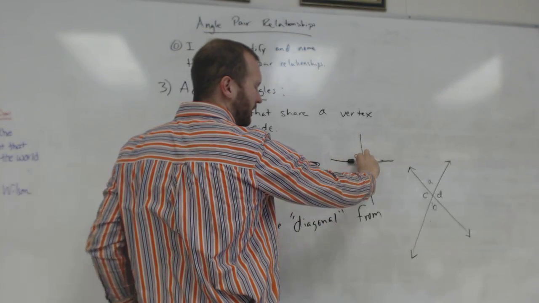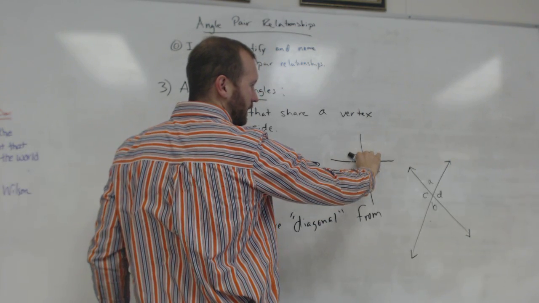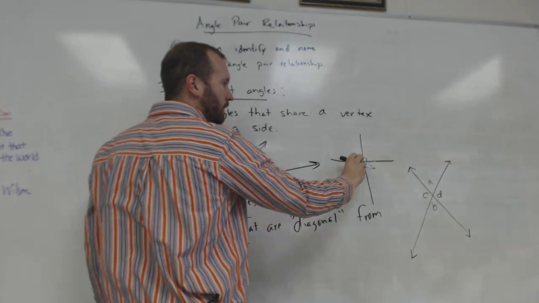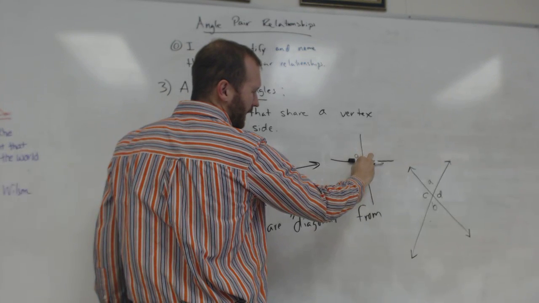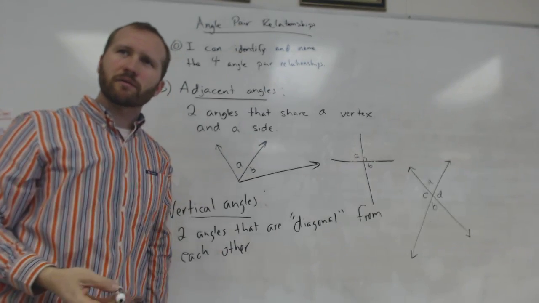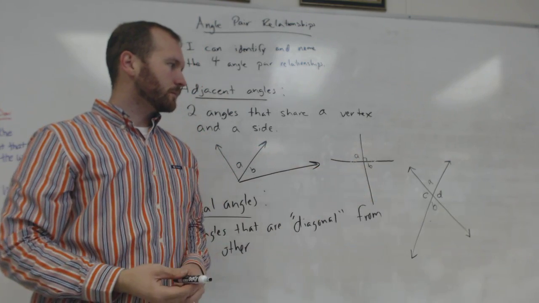Because I'm just moving this one line and I'm rotating it along this vertex. So they would always have to stay the same, right? Or if I moved it the other way, A would get bigger by the same amount. So it's just another way of thinking about why these are equal.